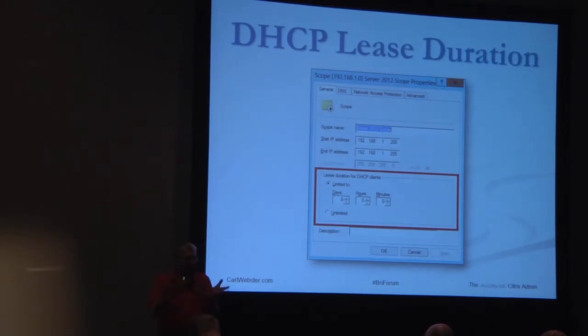So really the only option we had was 2. So we had to set our no refresh and refresh intervals to 2 days. And we had to set everything else to match that, to 2 days. And why? They have no idea other than the DHCP team. It's always been that way and they're not changing it. So when you change the lease duration, you have other things you need to change.